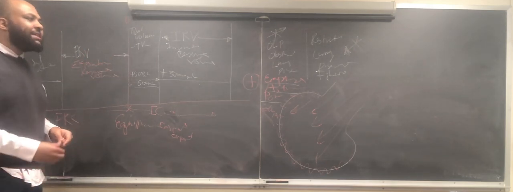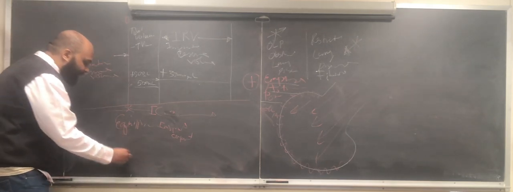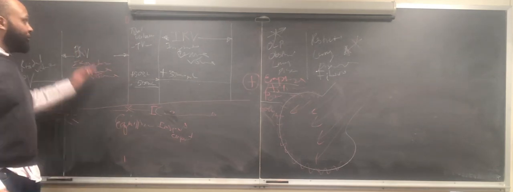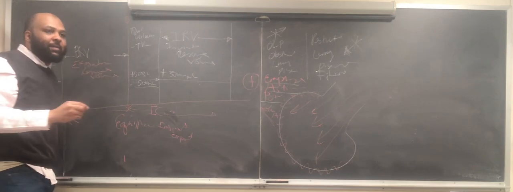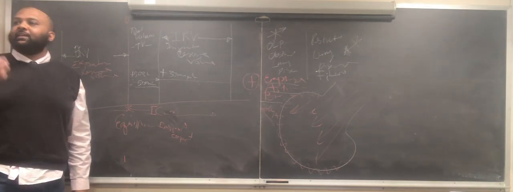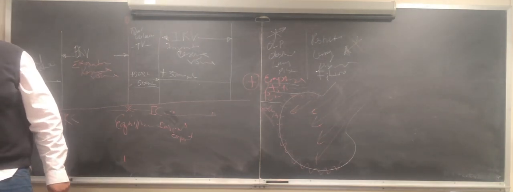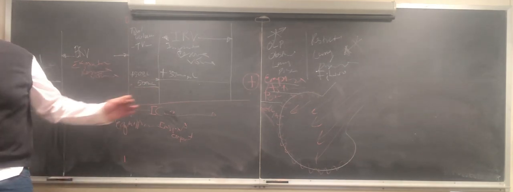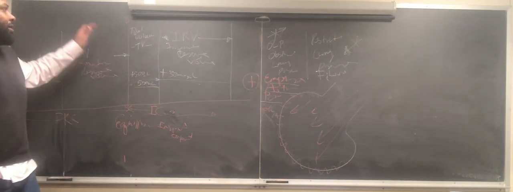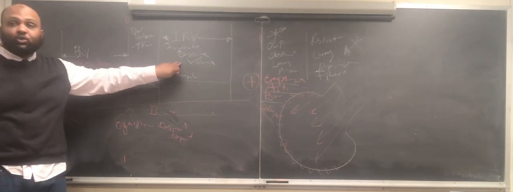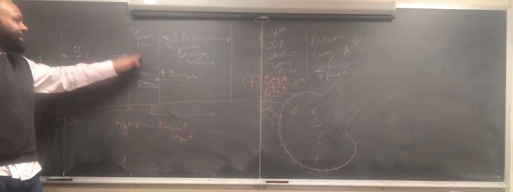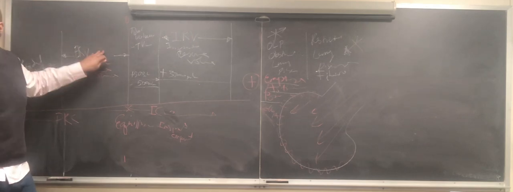So, how does that happen? We're looking for the forced vital capacity, known as the vital capacity. What is the vital capacity? I know that a capacity is a sum of multiple volumes. The vital capacity is the sum of my inspiratory reserve volume, my tidal volume, and my expiratory reserve volume.